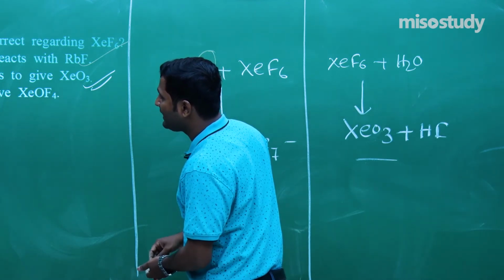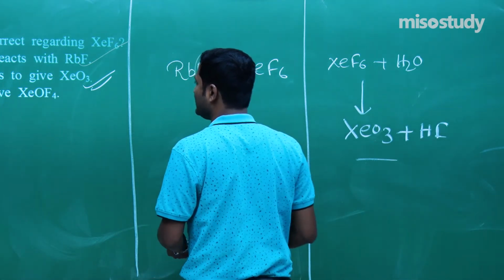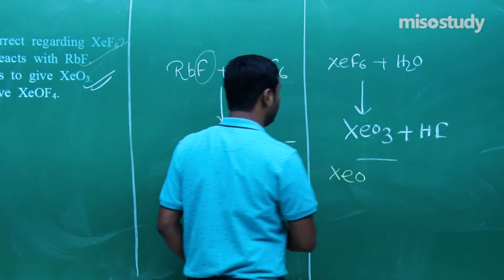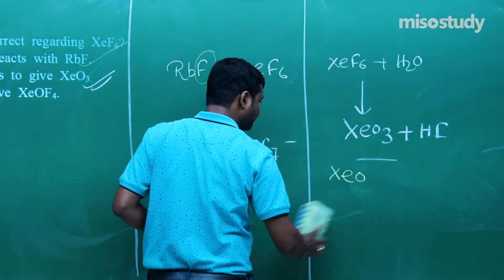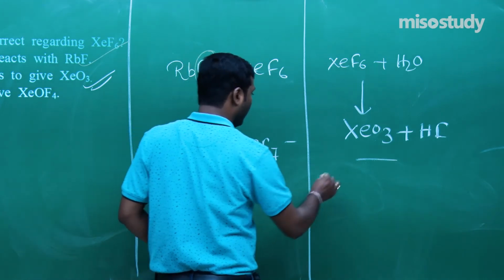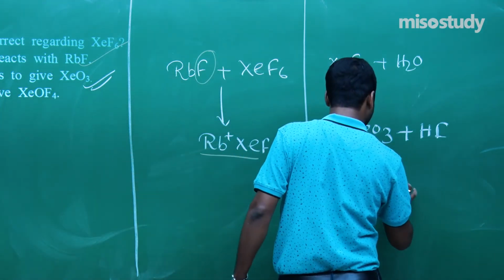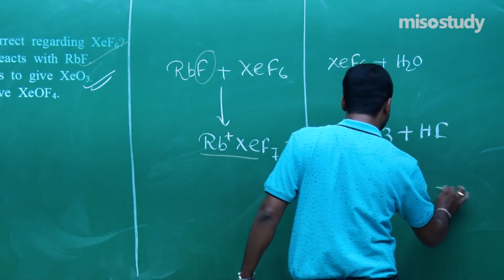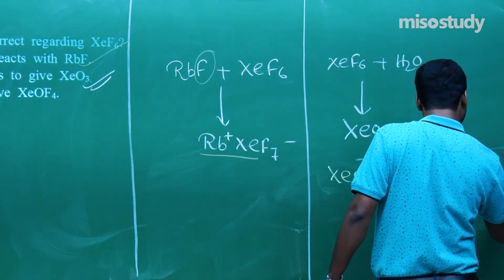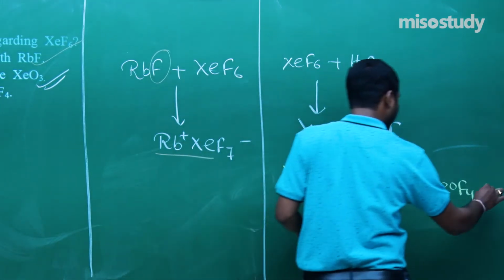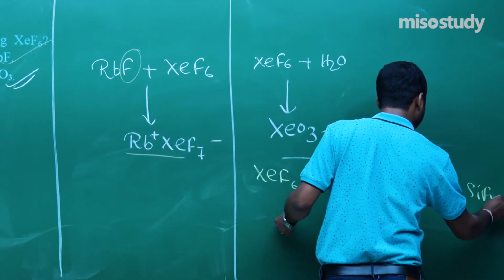Now it fluorinates silica to give XeOF4. What will happen? Write down the next reaction. The third one is XeF6. Clear to you? Now silica, SiO2, gives you XeOF4 and SiF4.